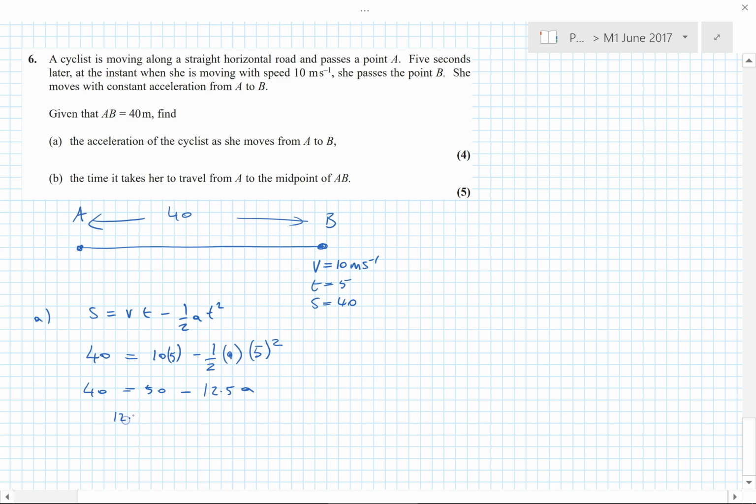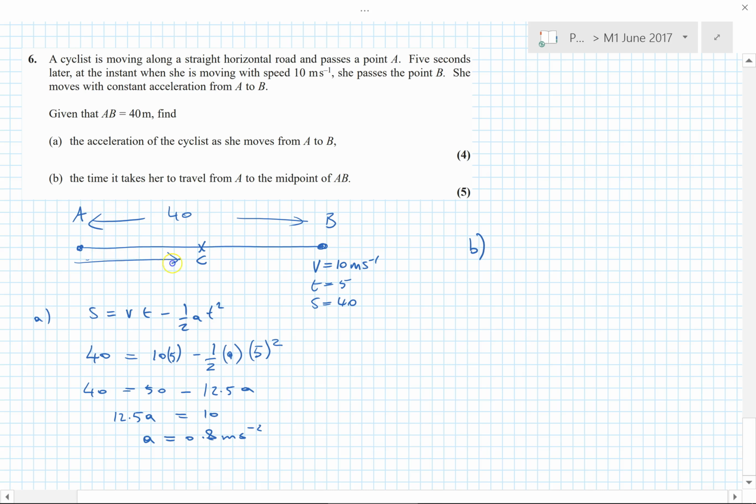So 12.5a equals 10, so a equals 0.8 meters per second squared. So that's the first part done, just choosing the appropriate equation.